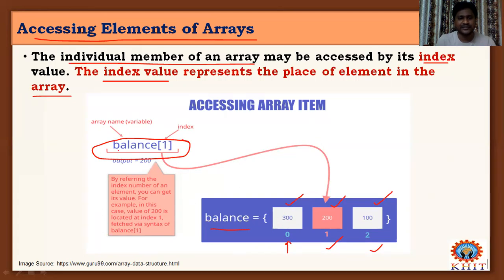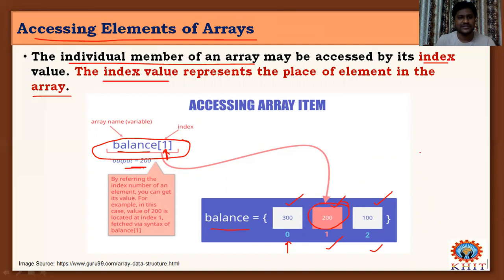So we write the array name, square brackets, and the index value to access the element at that position. Here index 1 is nothing but the second position element in the array, because array index starts from 0. So the output of this one is 200. So by index only we can access the elements of an array.